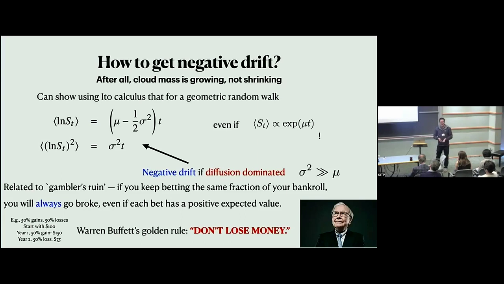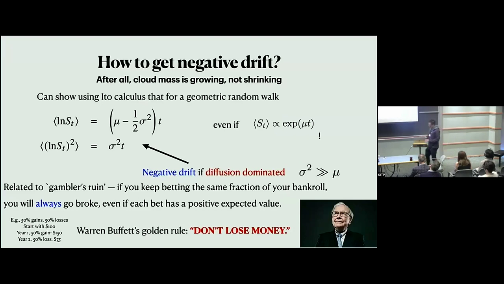My first year, I go from $100 to $150. My second year, with a 50% loss, I go from 150 to 75. So geometric growth is asymmetric, and you tend to drift towards small quantities. This is Warren Buffett's golden rule: don't lose money.